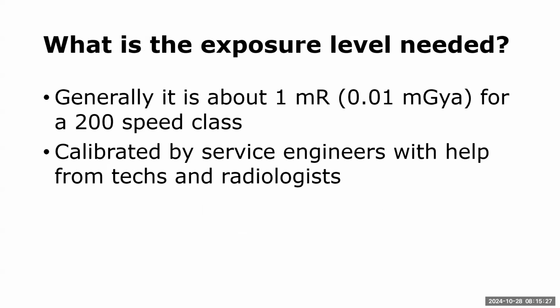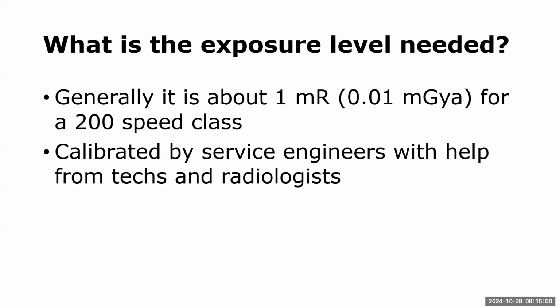With film, about 1 mR would put what we called our density across that film in a range that was visible to our eyes. It gave us an image that we could see all of the parts.